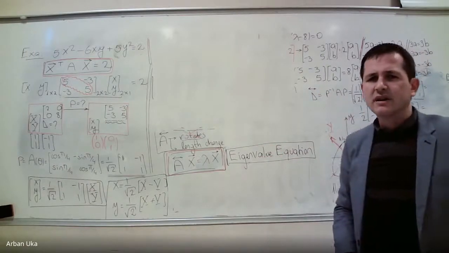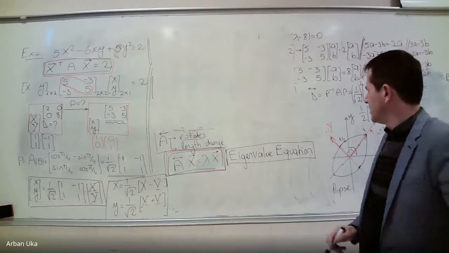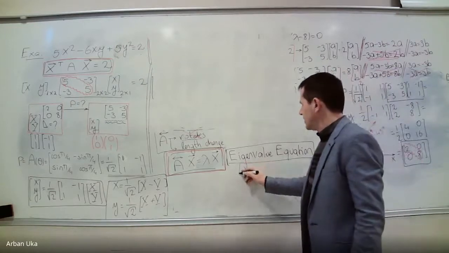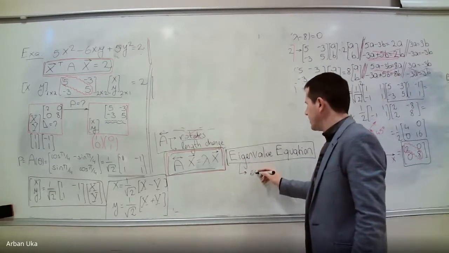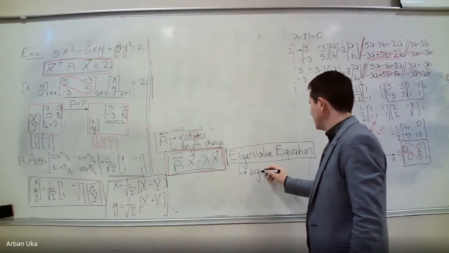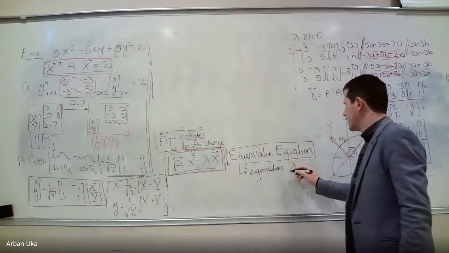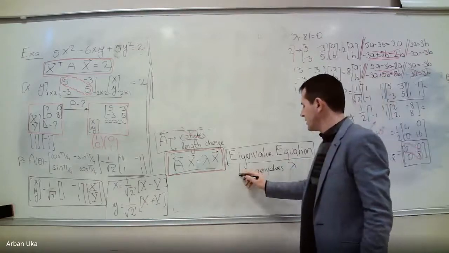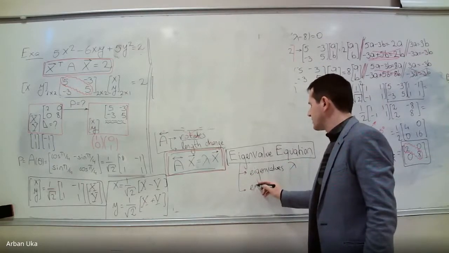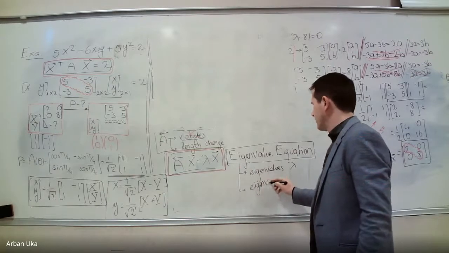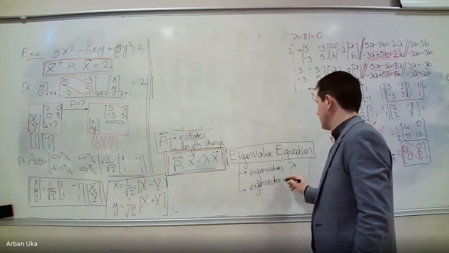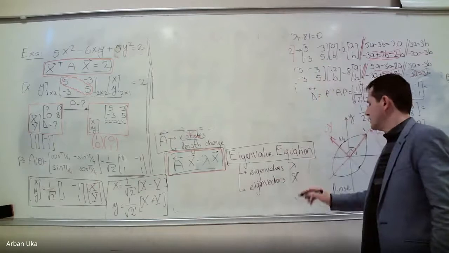From the eigenvalue equation, it can help us to identify the eigenvalues, which are commonly denoted by lambda, and the eigenvectors, which would be this x.